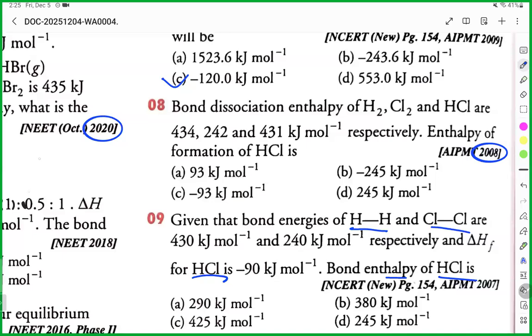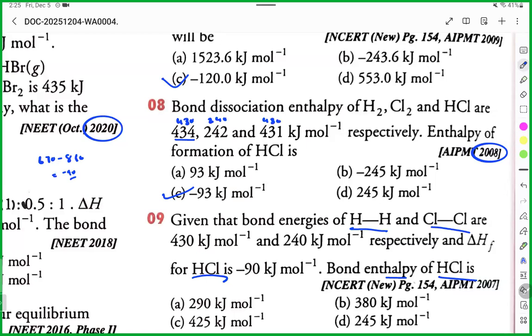सर HCl की वैल्यू 431 है. Got your answer, guys? You know what I did? I took this 430 and 240.